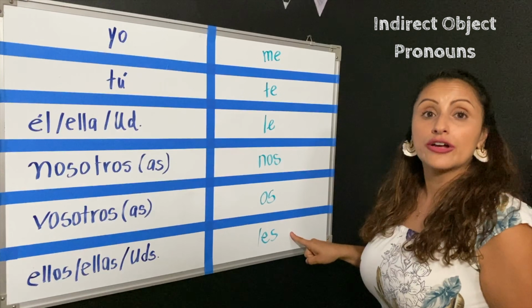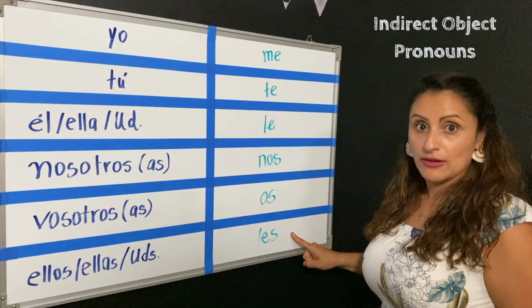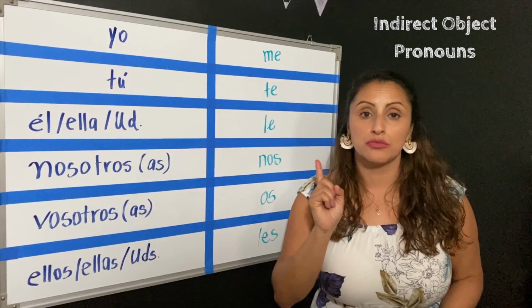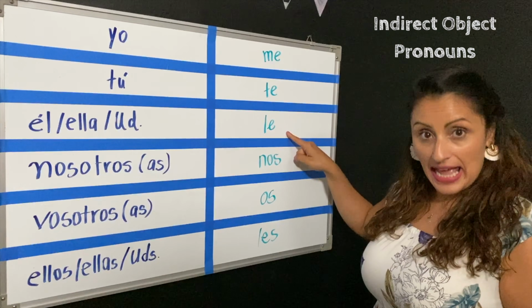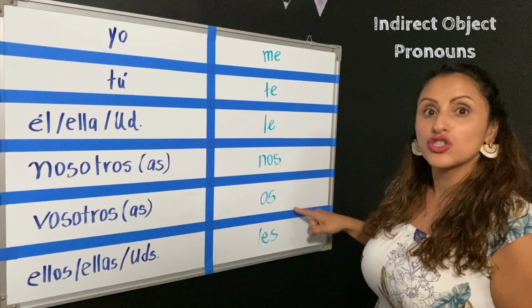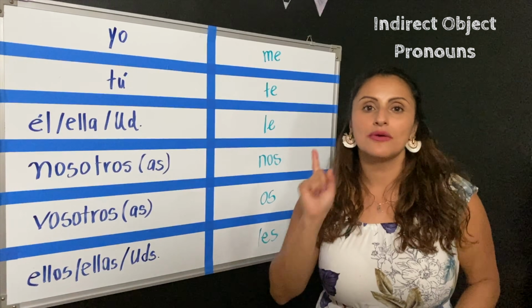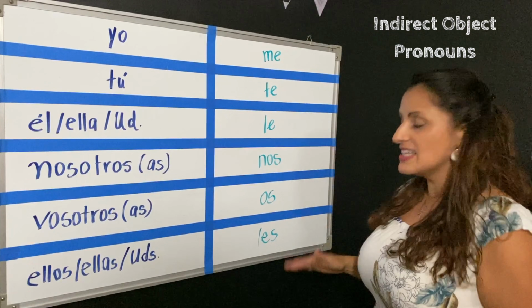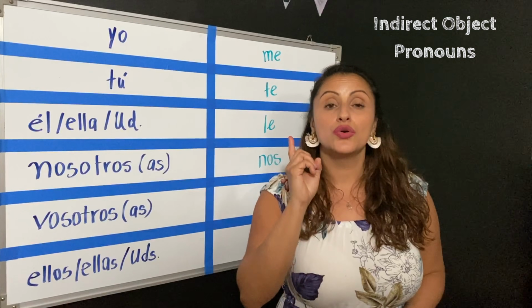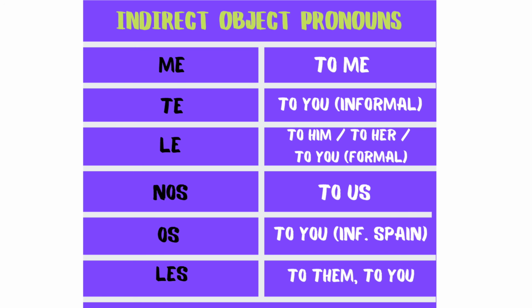So those are our indirect object pronouns that we're going to be using to replace the indirect object. Me, te, le, nos, os, les. The same ones that we use with the verb gustar. But in this case, we're going to use them as indirect object pronouns to replace the indirect object.